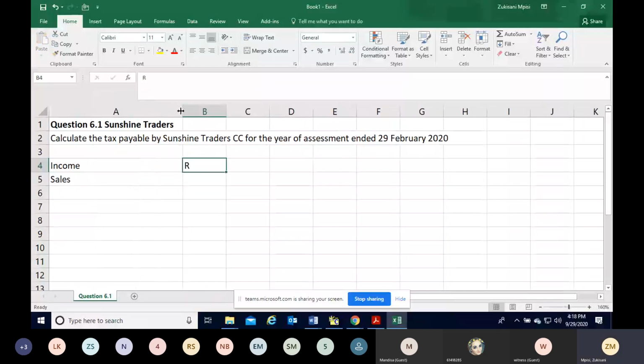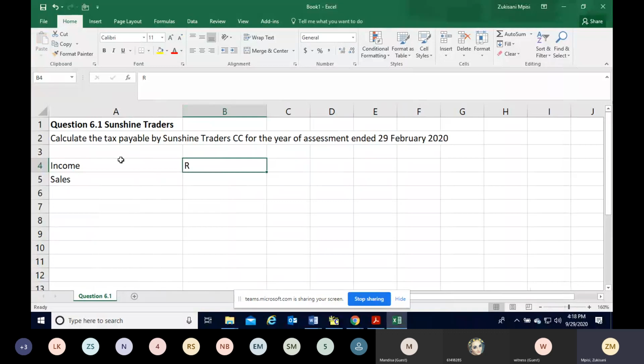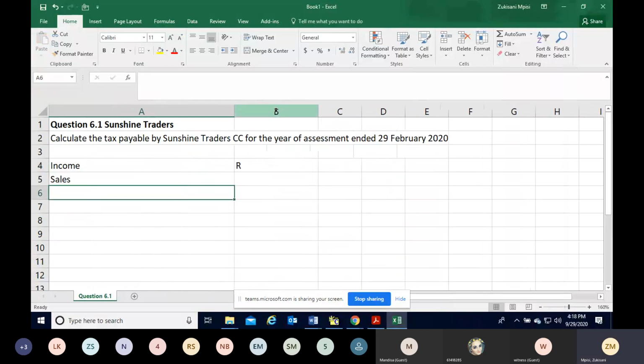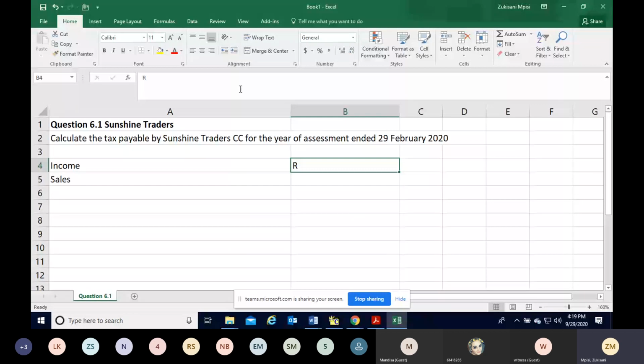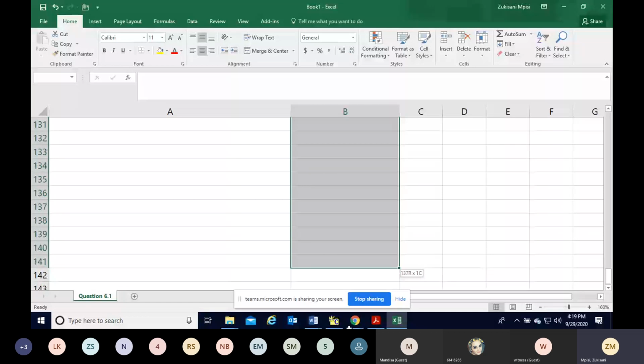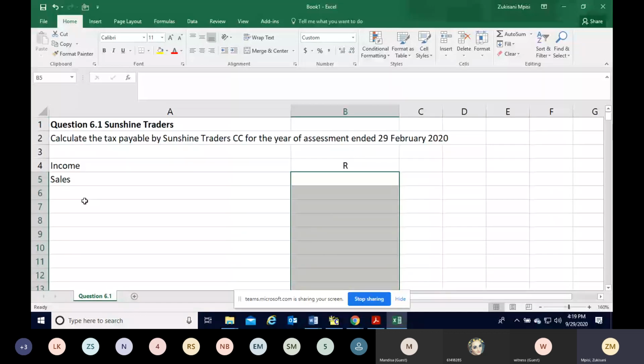I just need to make this a bit bigger. Right. This is so that if we have to provide any reasons why we're not taking up something, we can have the space to do so. Right.